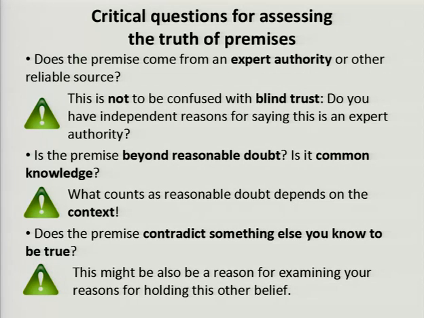Does any premise in the argument contradict something else you know to be true? Two contradictory things can't both be true at the same time, so this is a first good indicator that there might be something wrong with the premise. But things can also go otherwise.